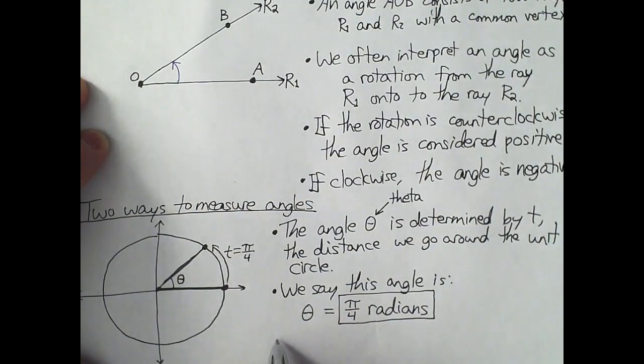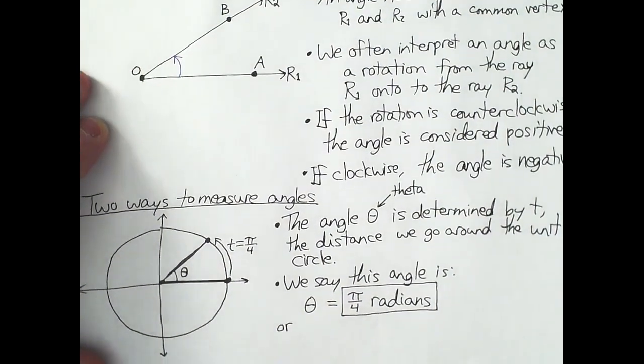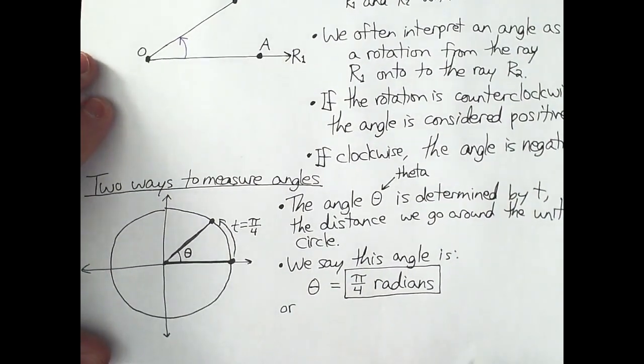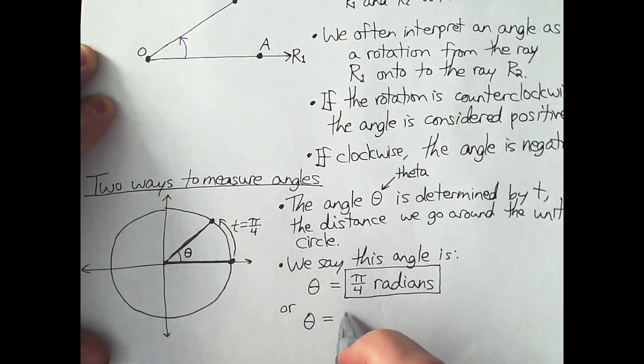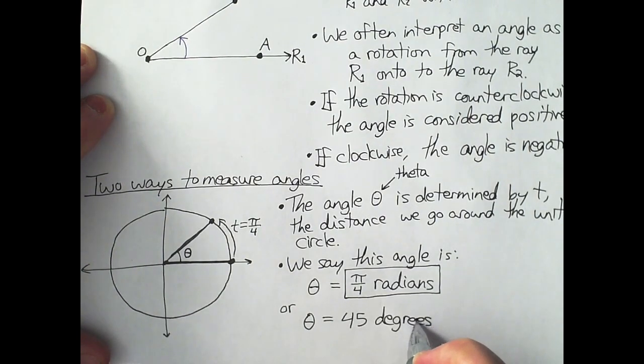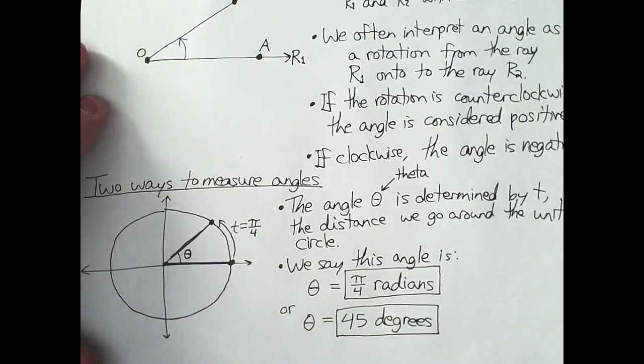Or, I said there are two ways to measure angles. The other way of measuring it is we say theta equals 45 degrees. These are two different units of measurement that are both measuring the same thing. How big is the angle?